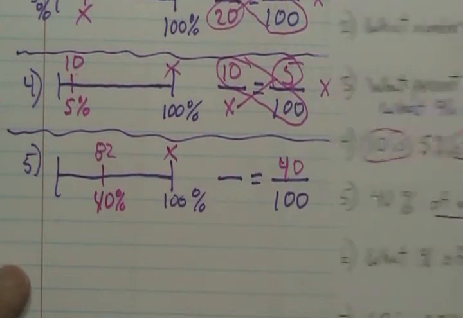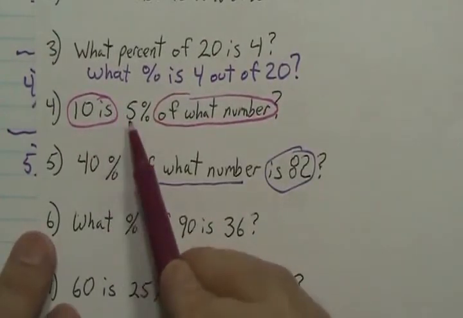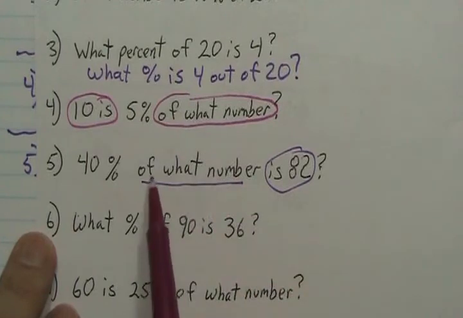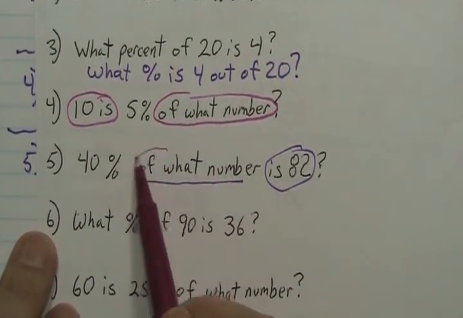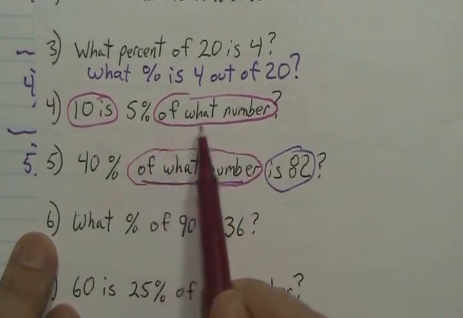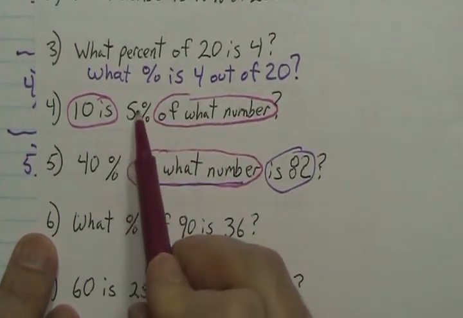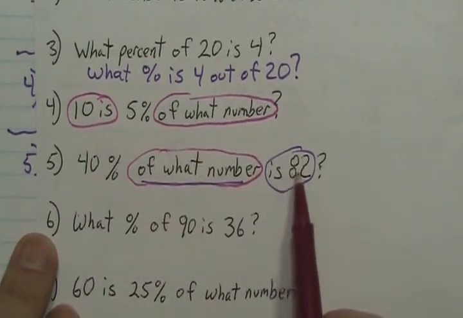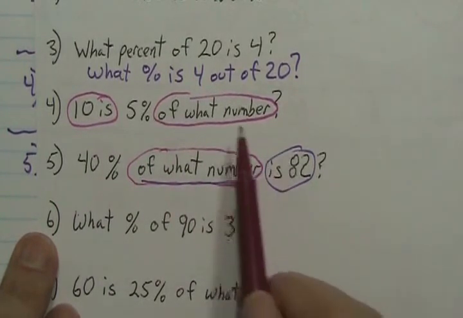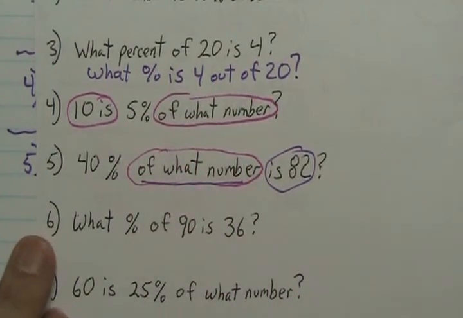So if you notice, it was the same problem as before. You see that? Of what number? They just moved the words around. They put the percent in the front. They put the is number right there. See that? Same structure, just moved things around.